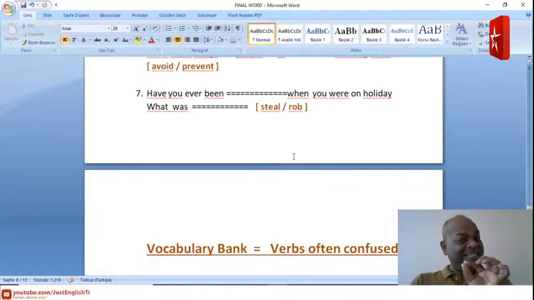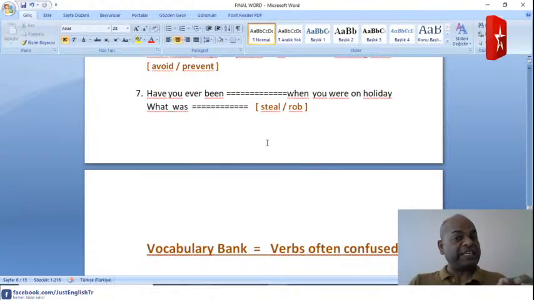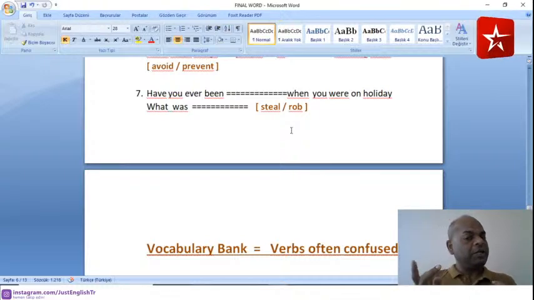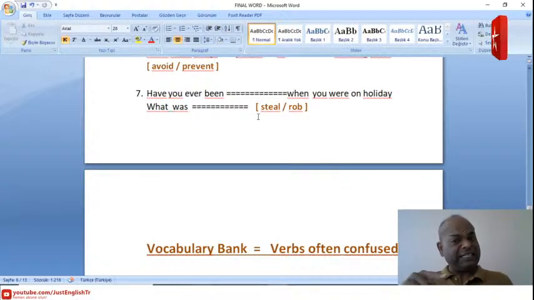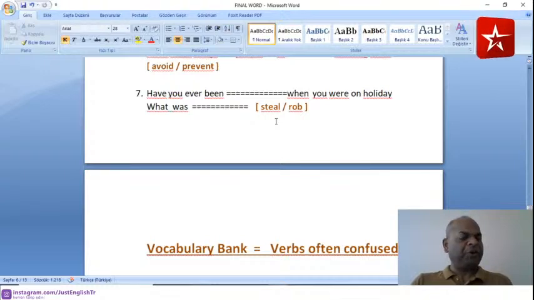What's going to come for blank 7-1 and 7-2? Your bracket says steal and rob. Guys, remember, they will go in the past.